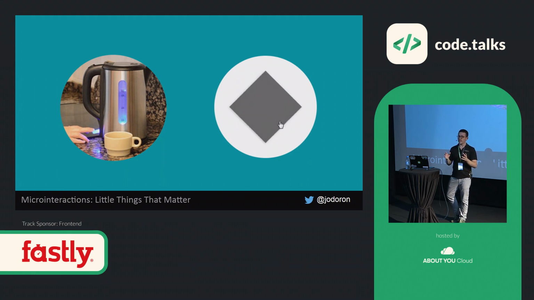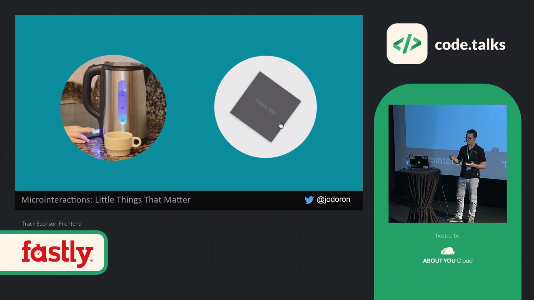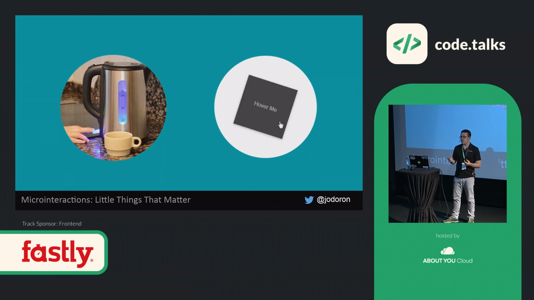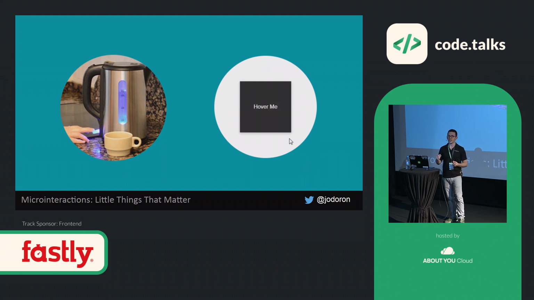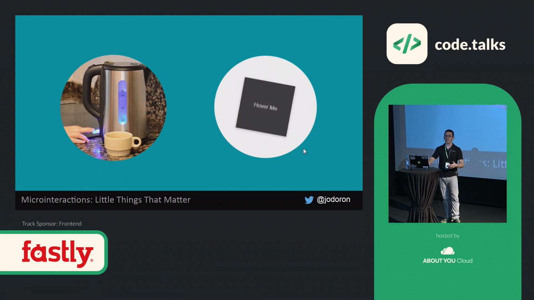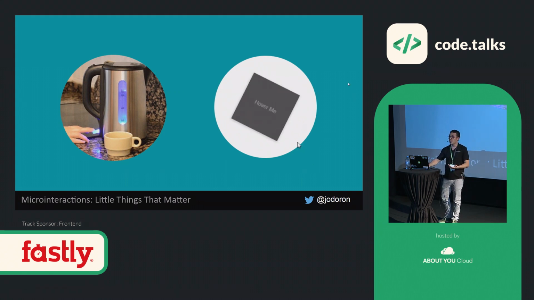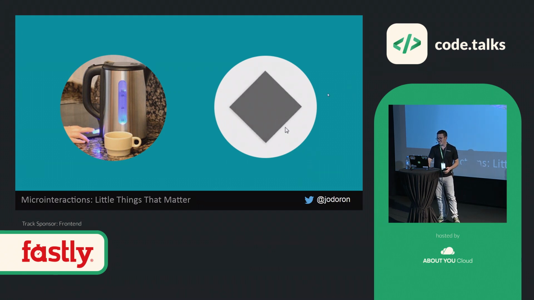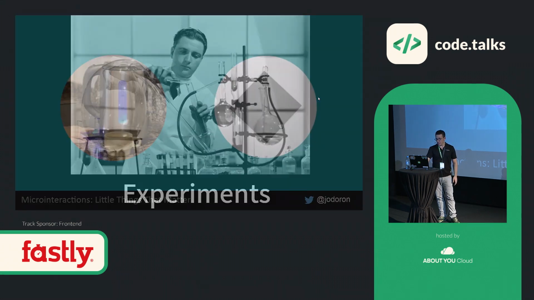Even in this small microinteraction, which is maybe not such a practical example, I find it elegant and fun to hover over this card. It makes me want to hover over it more, even though it doesn't really do anything.